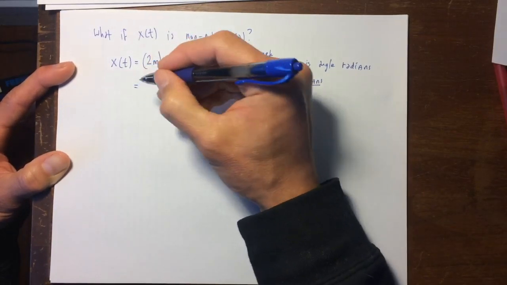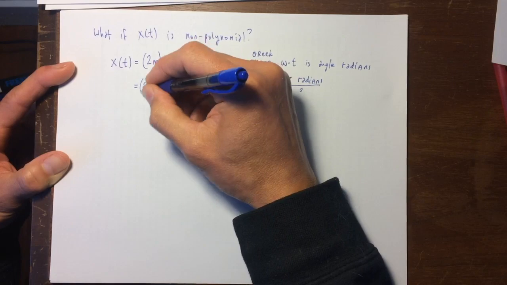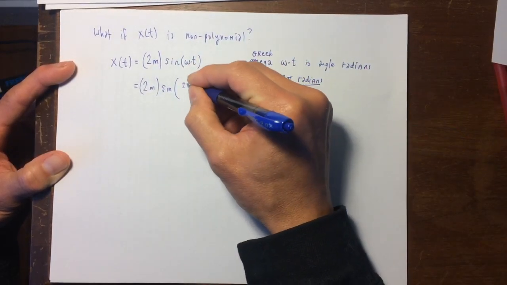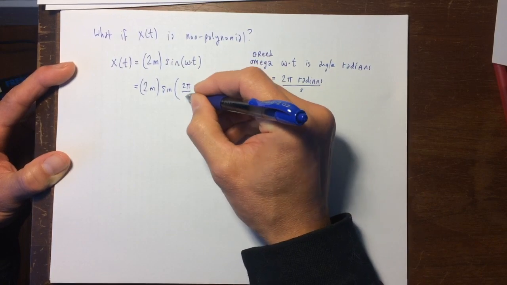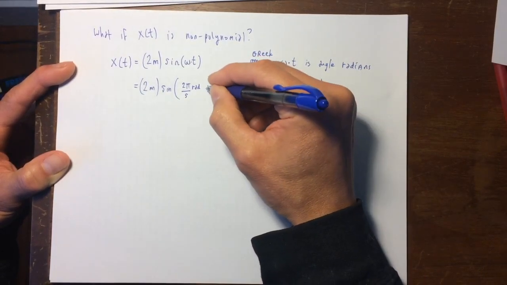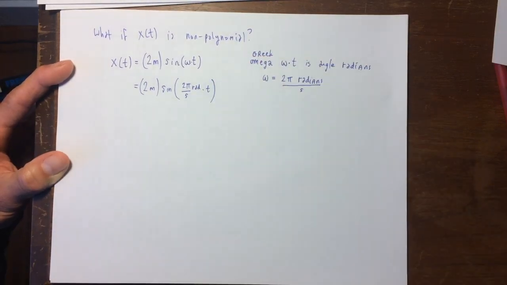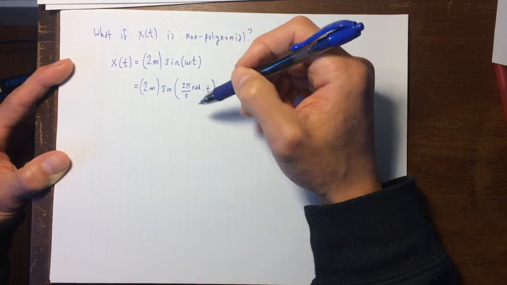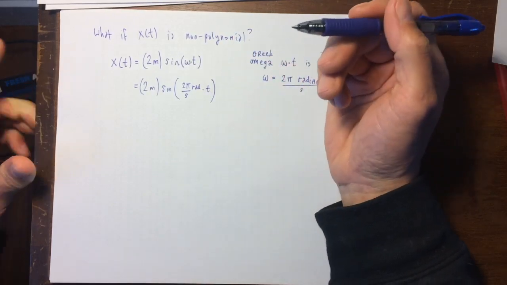So maybe I'll make it more explicit. So 2 meters times the sine of 2 pi radians per second times t, like this. But you know that this 2 pi radians per second is also known as omega.